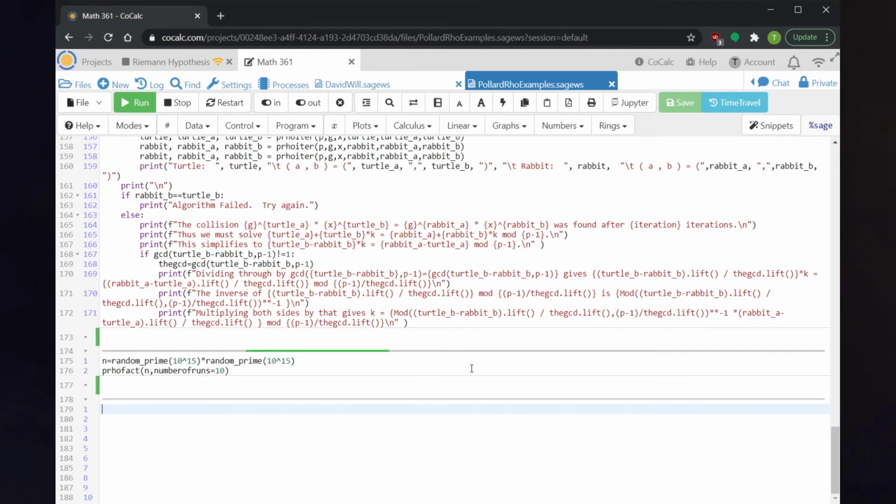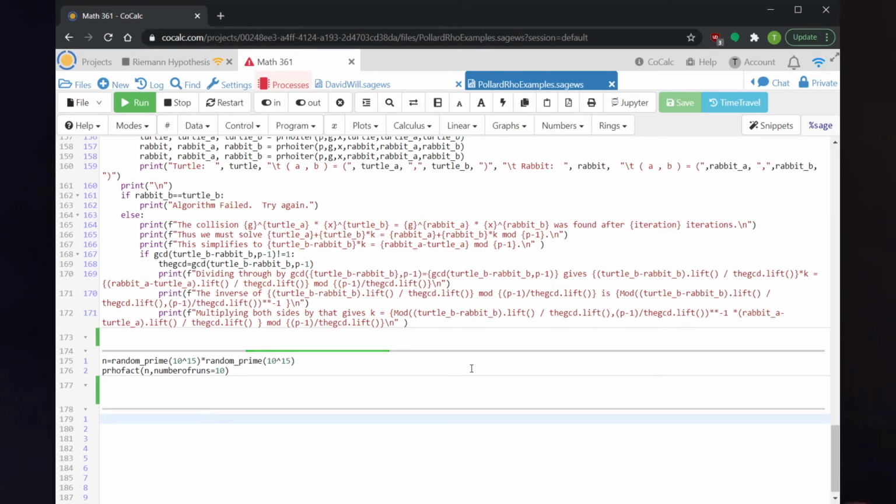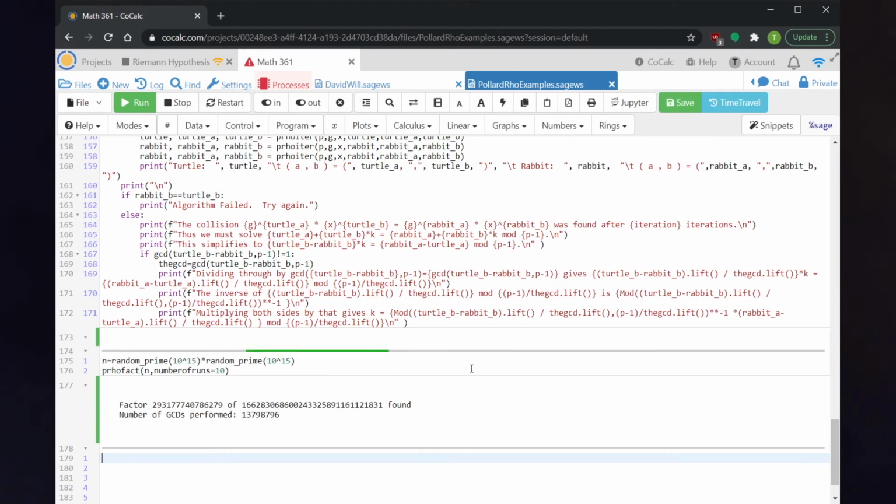Remember, in order for the algorithm to fail, the first collision mod p has to happen at exactly the same step as the first collision mod q, if p and q are the two prime factors of n. And it's pretty unlikely, when the first collision is happening sometime around 10,000, 50,000 steps, that you get so unlucky that the first collision happens for both of those prime factors at exactly the same point. And even if you do get so spectacularly unlucky, you could just run the algorithm again, and that time it almost certainly won't happen.